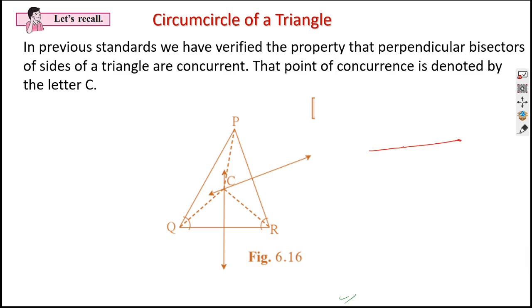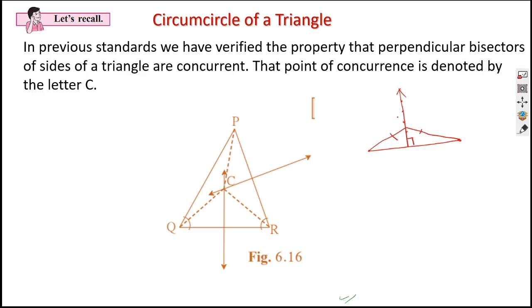If you draw a perpendicular bisector of a line segment, roughly drawing for you, this is the perpendicular. You take any point on this perpendicular bisector and connect it to the end points of the side.